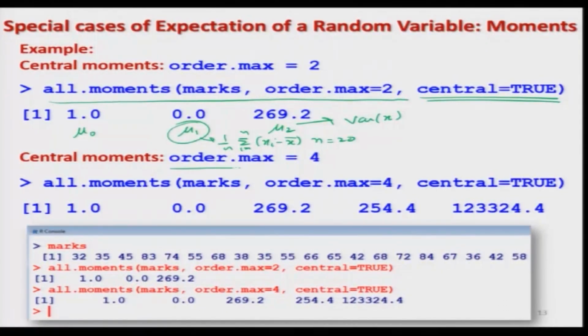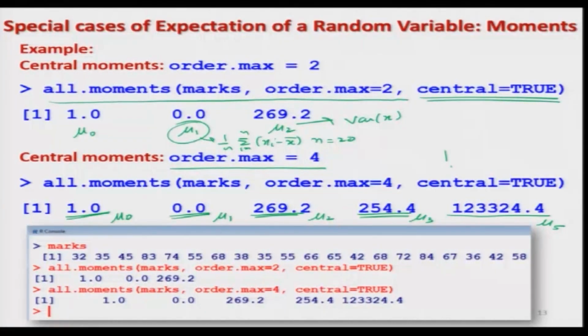Similarly, if you want to find out the first 4 moments, for that you have to use the command order dot max, where the first value will be mu 0, then the second value will be mu 1, the third value will be mu 2, the fourth value will be mu 3, and the last fifth value will be mu 4.